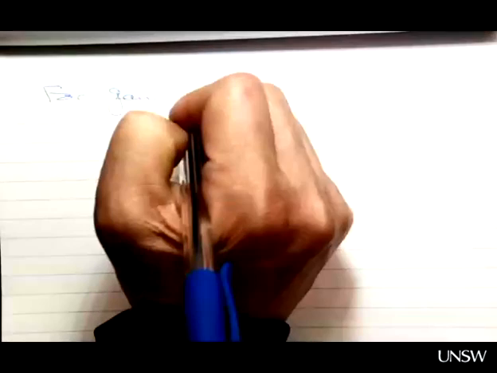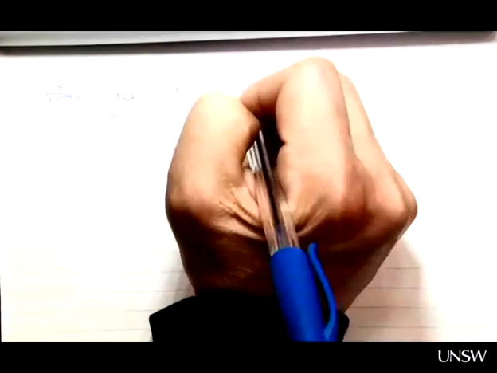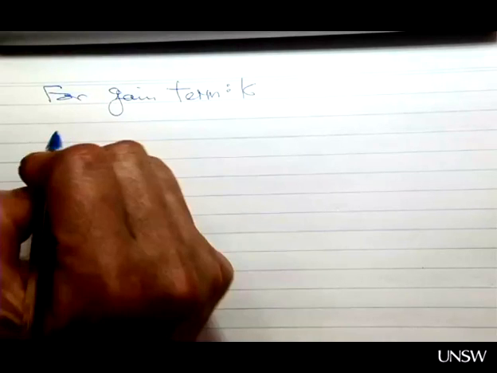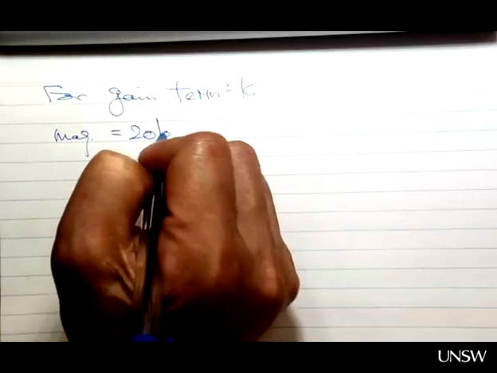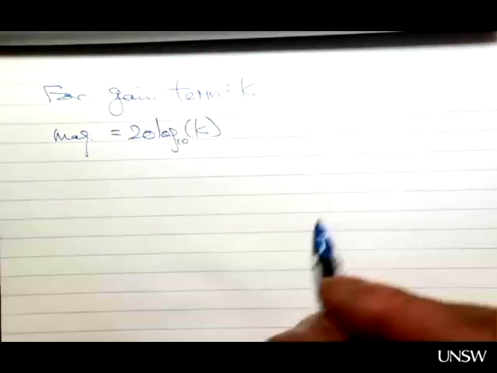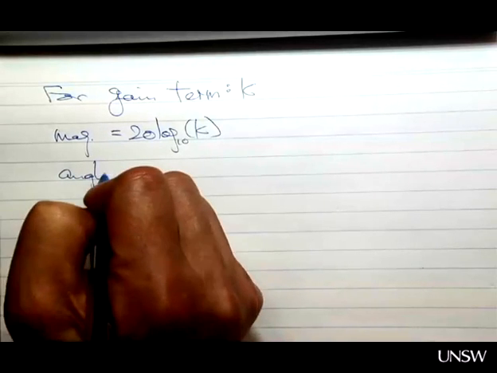Then we look at different components. So for the gain term, that is the k. We know that the magnitude is 20 log base 10 of k, and then the angle equals arctangent.